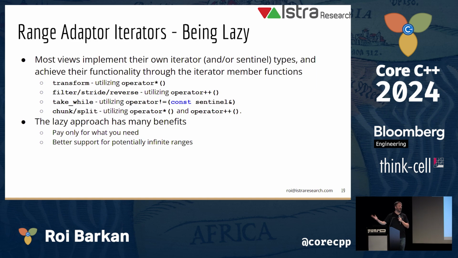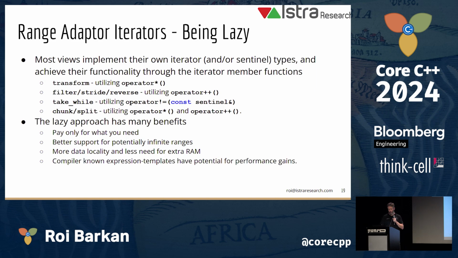The fact that a range can be infinite doesn't mean that we iterate over it infinitely. And the fact that several adapters, several operations on the information happen as we move through it means that most of our algorithms and most of our work can be done in a single pass instead of performing several operations by doing several passes over the data, which can be better in terms of RAM, better in terms of cache locality, etc. And then the fact that we're using these expression templates, these compiler-known special types that are the combination of a transform and a filter and take while, the compiler knows about it.